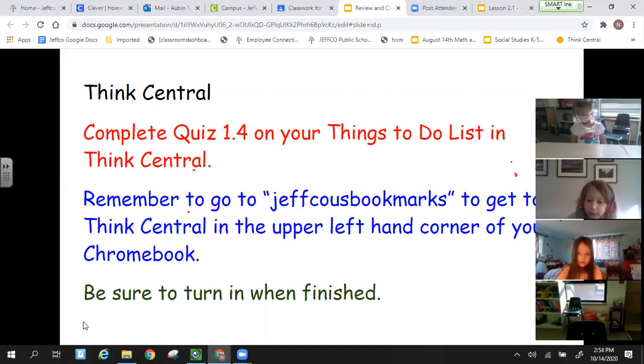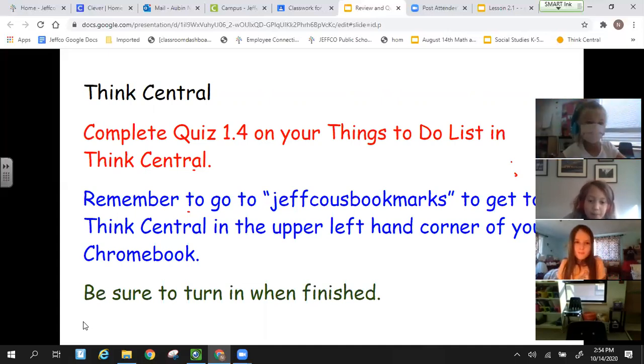You don't have all these facts memorized, and that's okay, but it's not okay to guess when you can figure it out. You have the strategies. Any questions before I let you go take the quiz and turn it in? When you're finished, if you finish early, please work on your unfinished Think Central assignments.